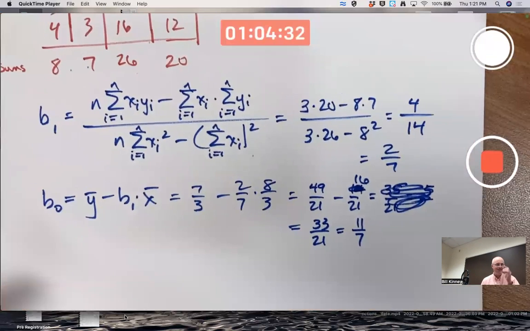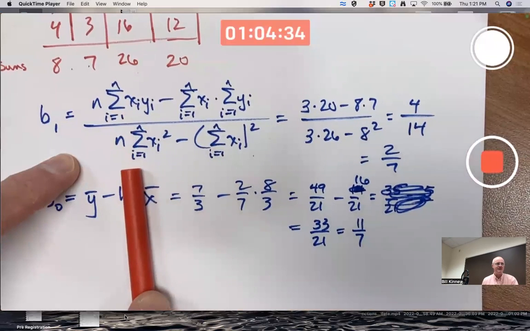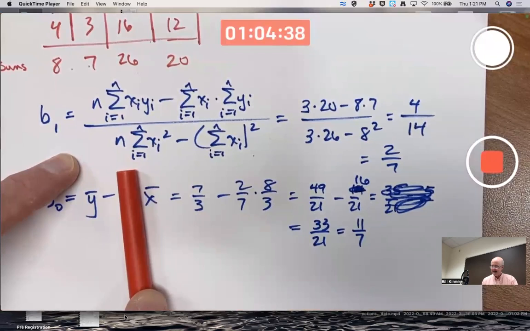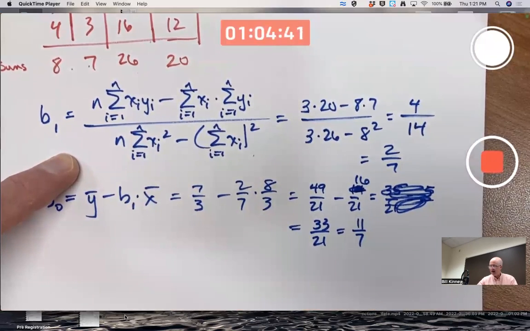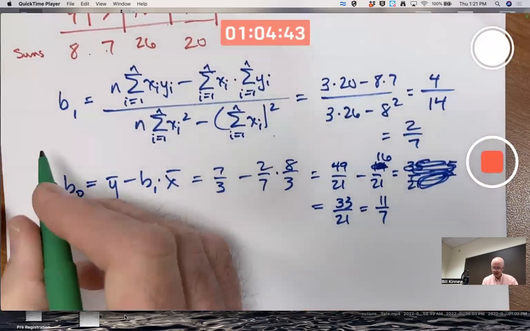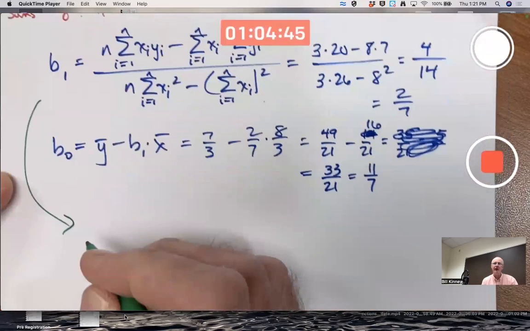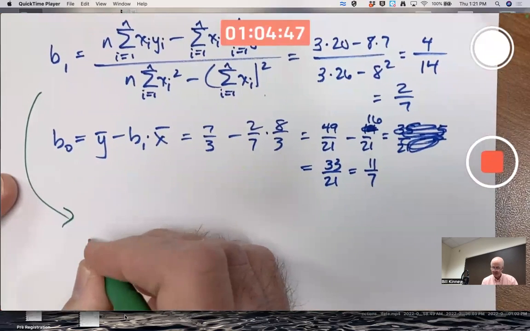By the way, I didn't remember this formula just because I looked at it in the book 30 seconds before. I memorized the formula for B1 in a different way. And this is worthwhile to mention. We'll talk about it more next week.